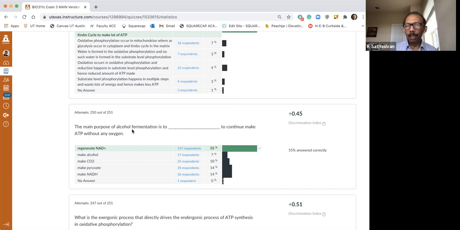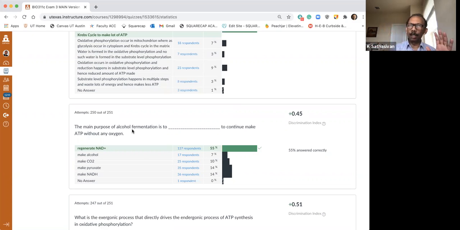That deep learning is what they expect, not just memorizing blah, blah, blah. That's not going to help you go to med school or pharmacy school or nursing school or whatever school you're dreaming to go to. Understand the material, connect the dots, see the big picture. And I have said that multiple times.